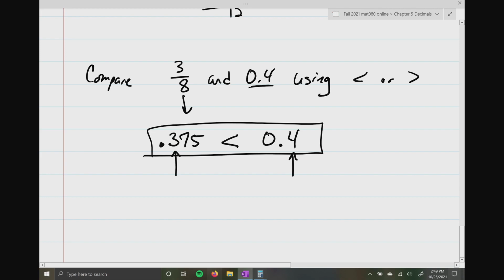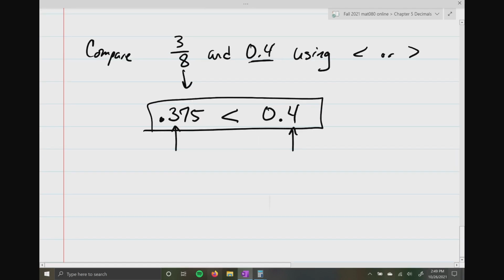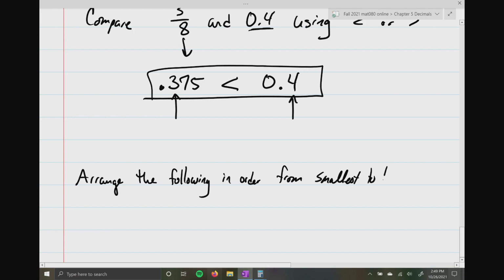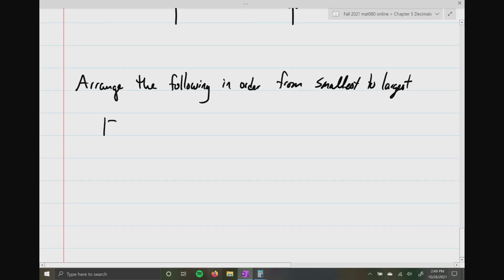You can also do something crazy like this. Arrange the following in order from smallest to largest. So we have 13 over 20, 0.61, and 11 over 16.